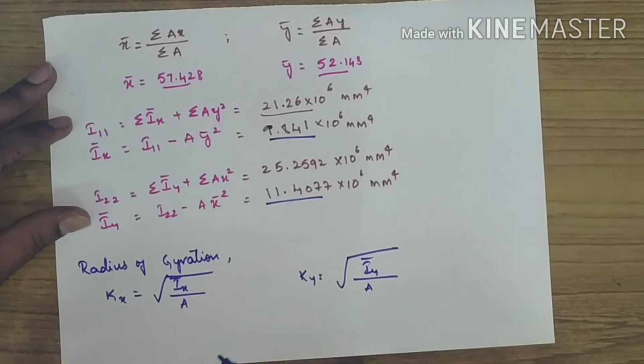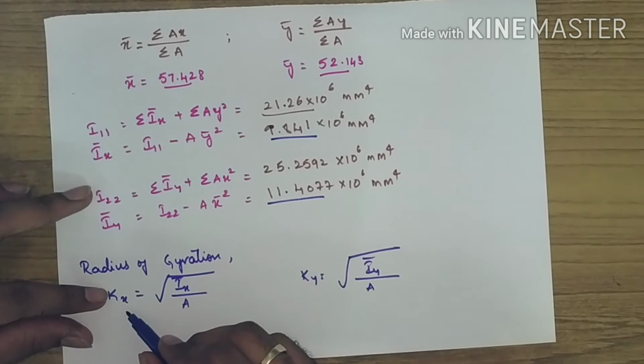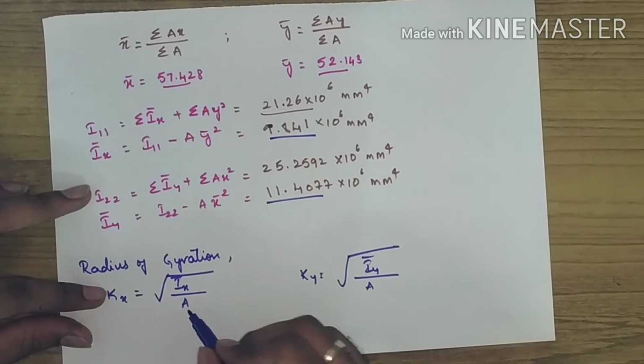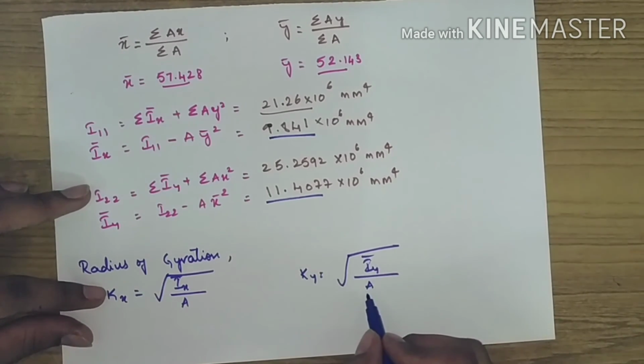Also we have been asked to determine the radius of gyration. So we know the expression for radius of gyration as kx is equal to square root of ix bar divided by a, and in the other direction ky is equal to square root of iy bar divided by a.